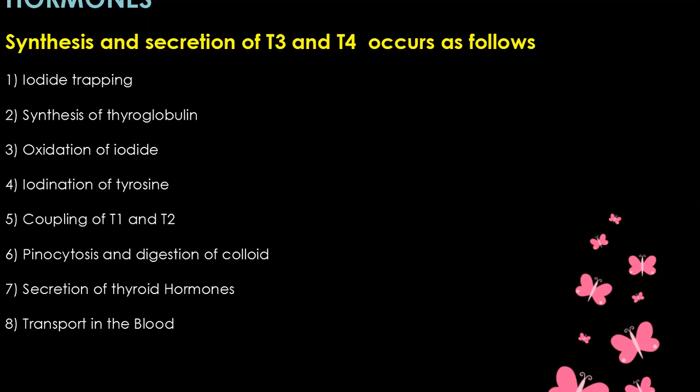These three processes occur in 8 steps. First is iodide trapping, synthesis of thyroglobulin, oxidation of iodide, iodination of tyrosine, coupling of T1 and T2, pinocytosis and digestion of colloid, secretion of thyroid hormones, and the last one is transportation of thyroid hormones in the blood. So we'll see stepwise.